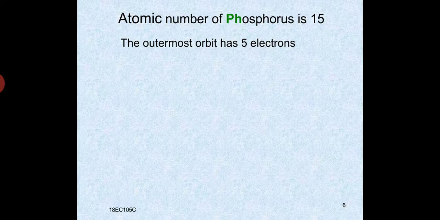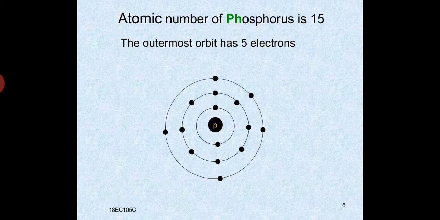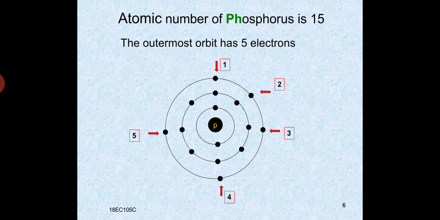So let us see the atomic number of phosphorus. It is 15, and by the structure we'll see that the outermost orbit has 5 electrons. Look at this: 1, 2, 3, 4 and 5.